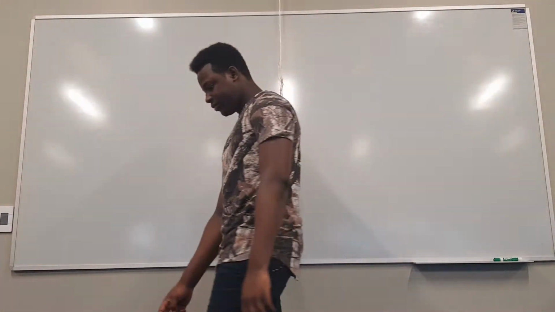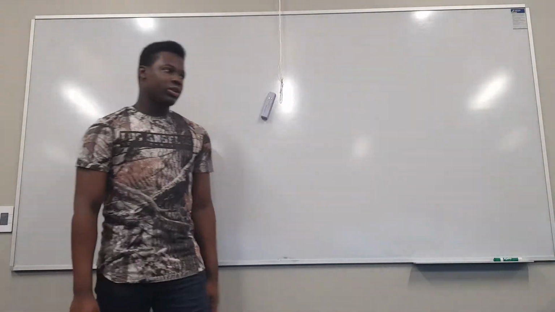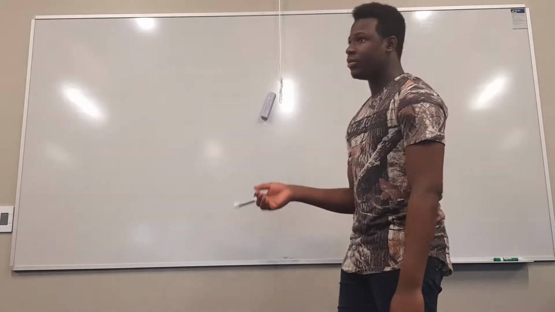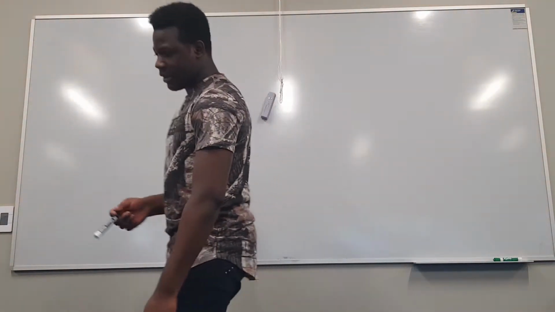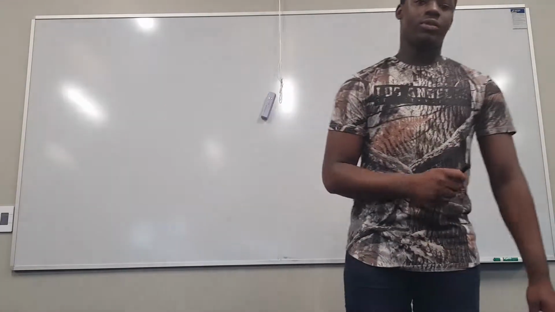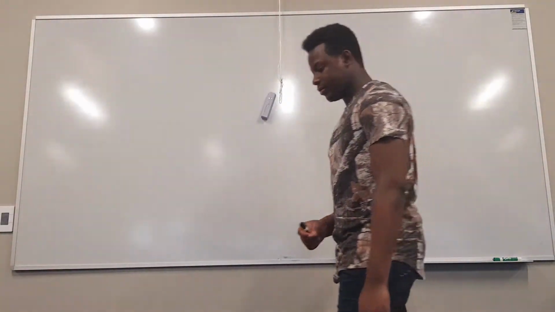Today we will be deriving the half and double angle identities, the formulas for all of them, and we'll do some derivations in projectile motion, and that will be all for today's video.